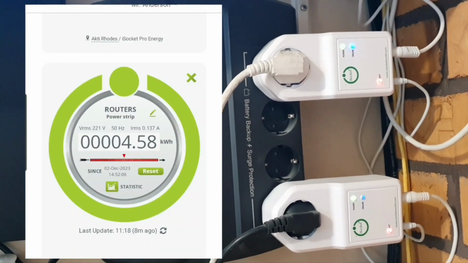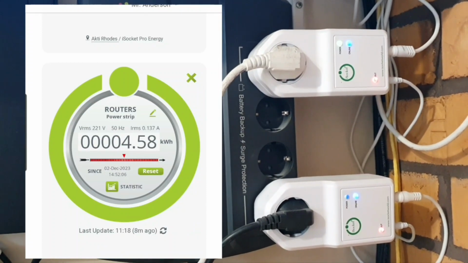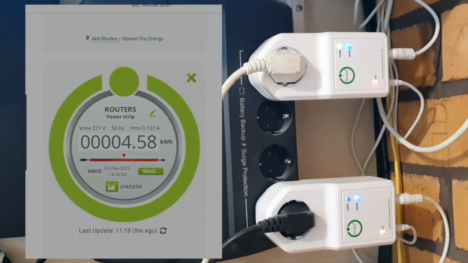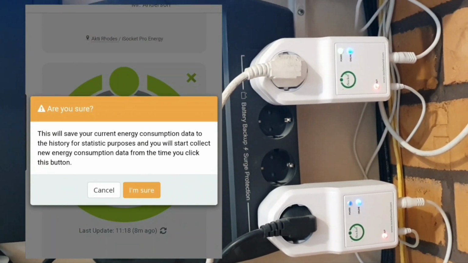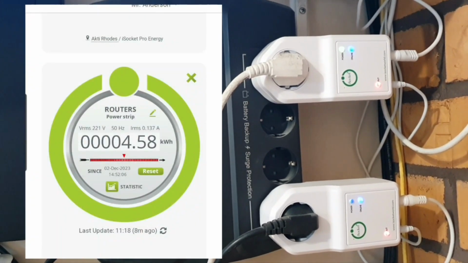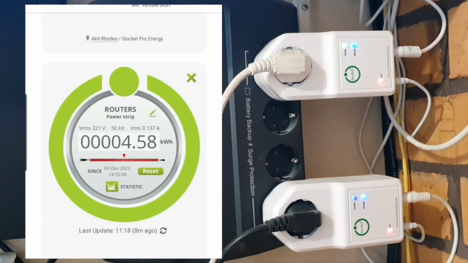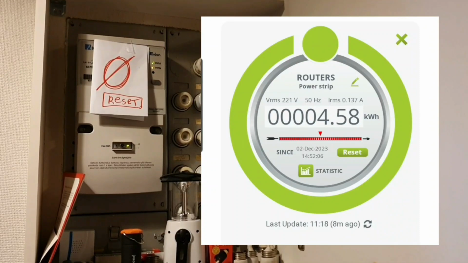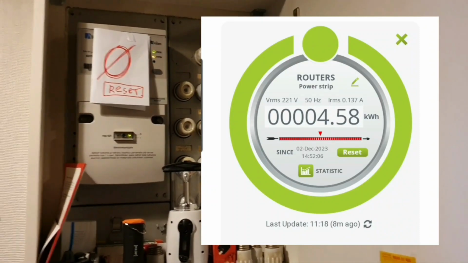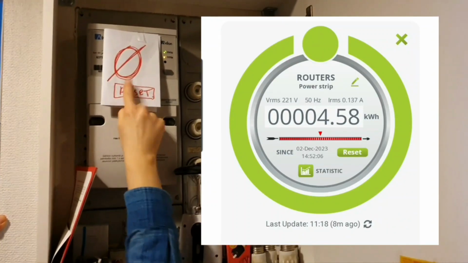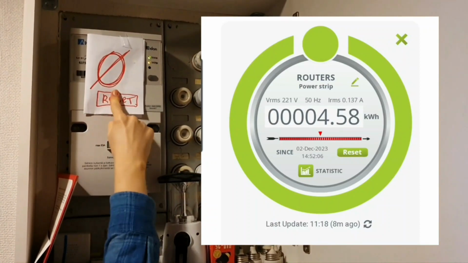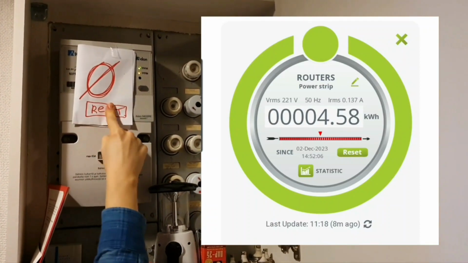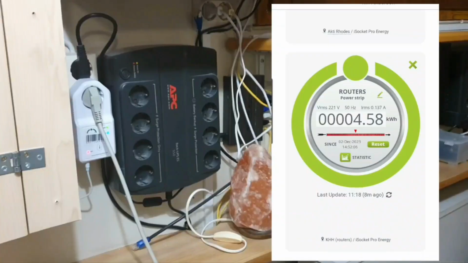Once you reset it, you can do this manually, like I can do right now. I don't want to. Or you can set auto reset criteria. There's a nice feature, something that you cannot do in your home with your home energy meter, to reset it and show 0 to the utility company.